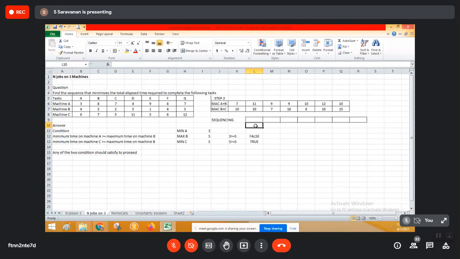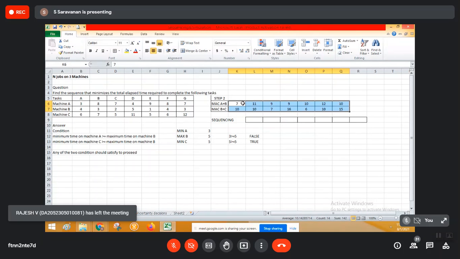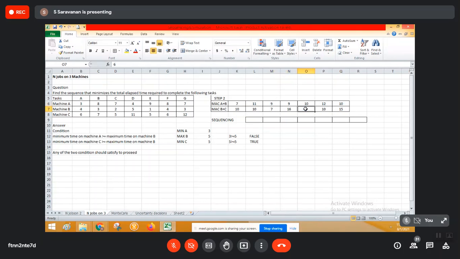Just anyone let me know which is the smallest number among this, whatever we have done in your step 2. Which is the least or minimum number? 6. 6 is in which position?